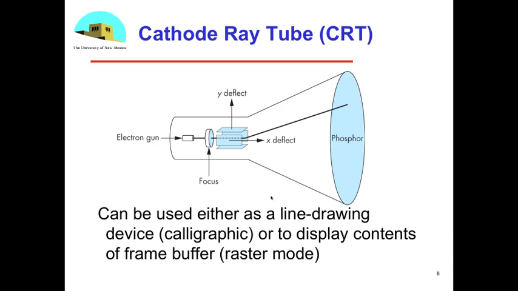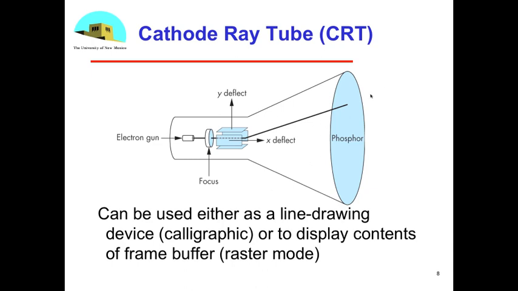Now, if we move it around randomly, like was generally done in the first systems, that's called a random scan system, or a calligraphic system, because it's like drawing with calligraphy. The more recent versions, starting in the 70s, when we started getting frame buffers, scanned the frame buffer and went through it row by row, typically in the US about 60 times a second, and copied everything that was in the frame buffer.